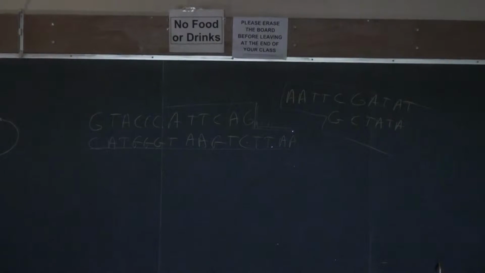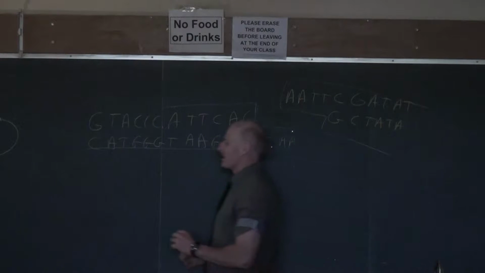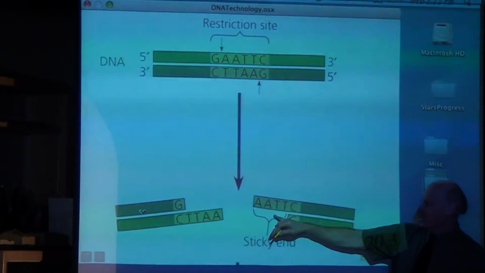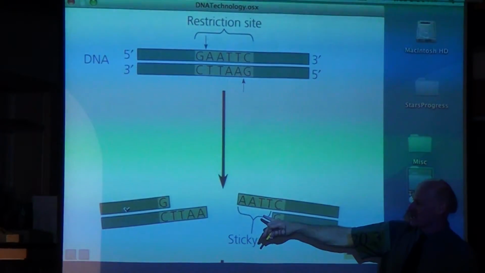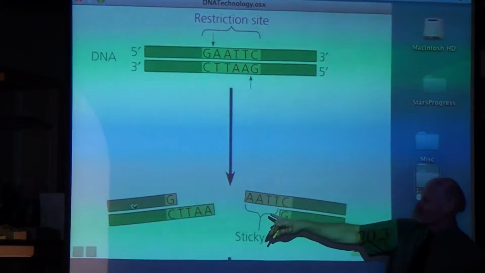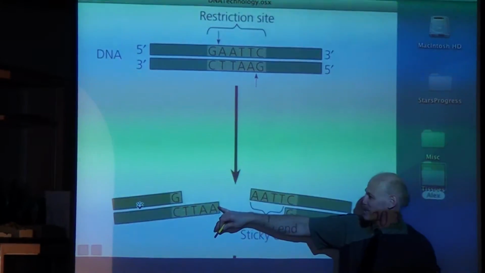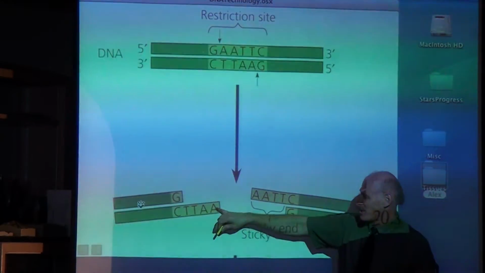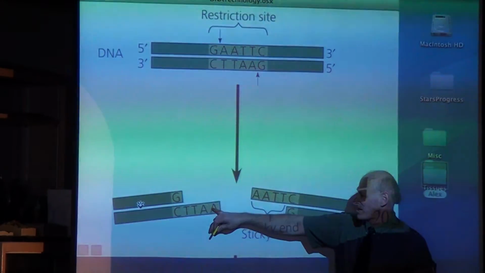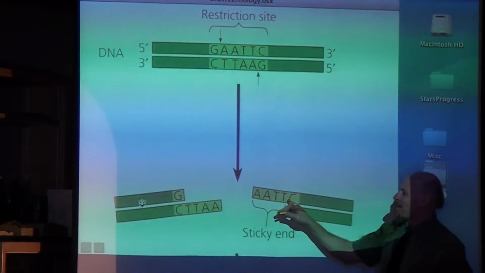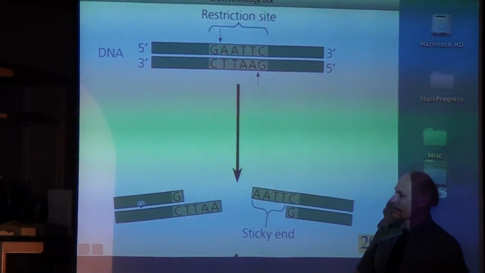Like so. Even though when you cut with a restriction enzyme, you get 2 different pieces, they're going to have a certain attraction towards each other, and here's why. Because typically the cut leaves what they call these sticky ends. A sticky end means where there's a short single-stranded piece sticking out here and here, and these sequences are complementary.